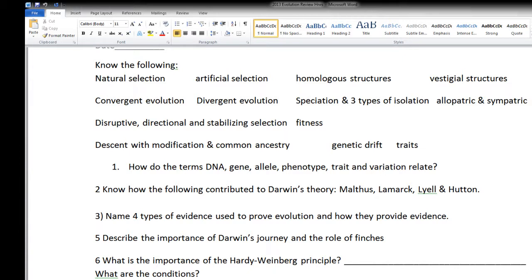What am I missing? Oh, embryos. We saw an image of embryos. I don't know if I could pull up a picture of that, but when you look at the embryos of different living things, the embryos look very, very similar. And the reason they look so similar is because we have a small set of genes responsible for us developing as embryos.